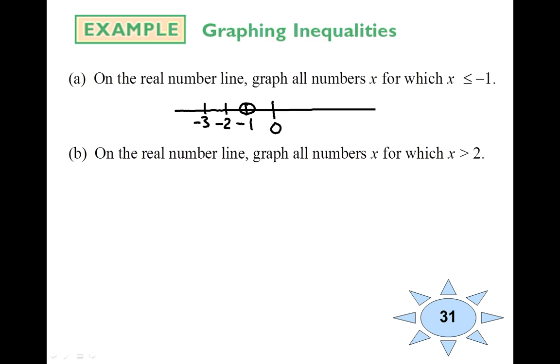And the equal here, if you remember, means we fill it in. So filled in circle, and then less than means we want to go to the left, so we're going to shade to the left.